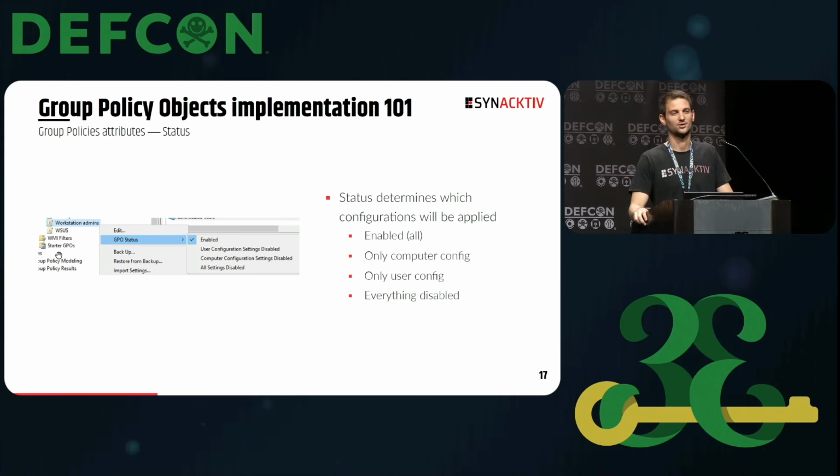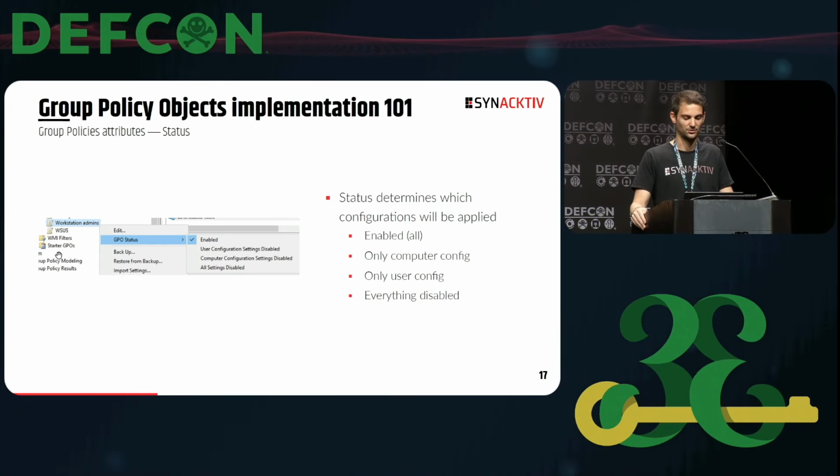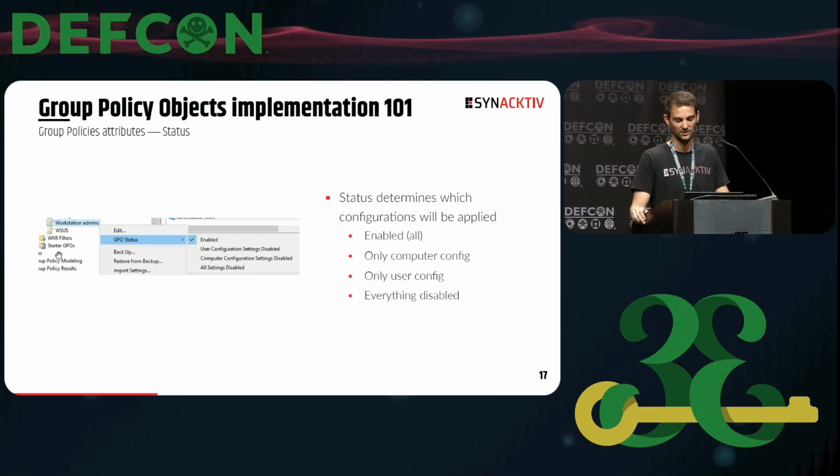Move on to other attributes. Now it's related to GPOs. So I mentioned earlier that GPO can apply to user or computer configuration, and you can change it with specific flags. So you can enable everything, which is the default. You can also choose to apply only computer or user settings, and you can also choose to disable everything.